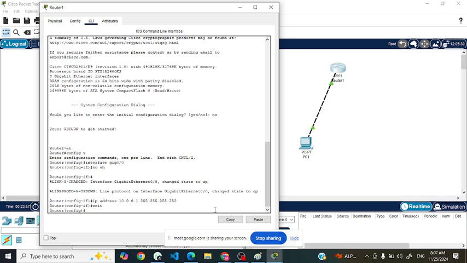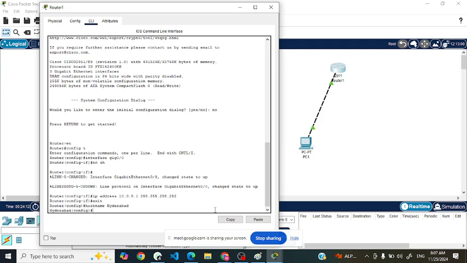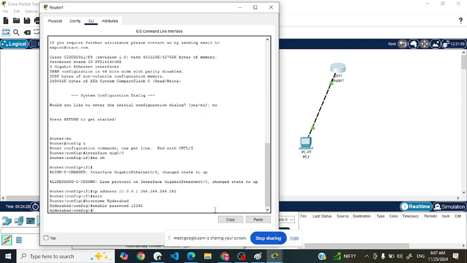So what will be the command? Hostname, enable password 12345. Next, the IP domain name: pmnetwork.com.